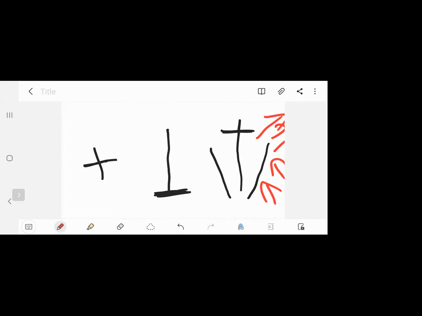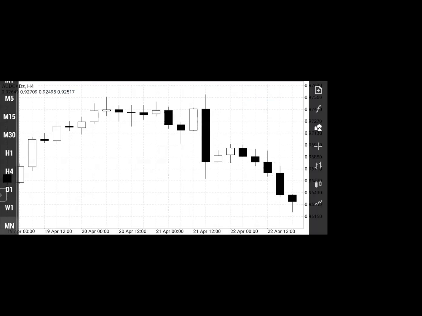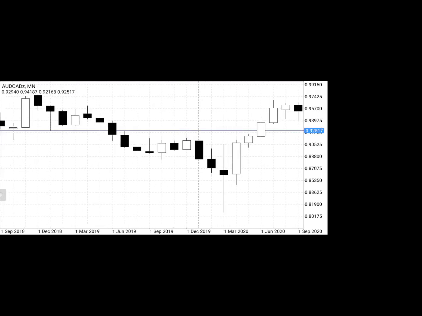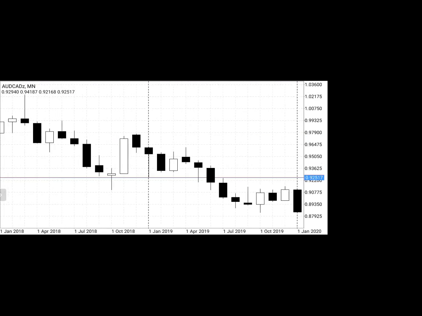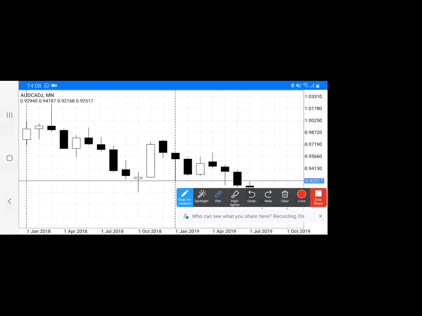So when I say the next candle or the next 2 candles, what that helps us to identify is that if you're looking at the monthly chart and you see a hammer, or here, look, 2 hammers, right?